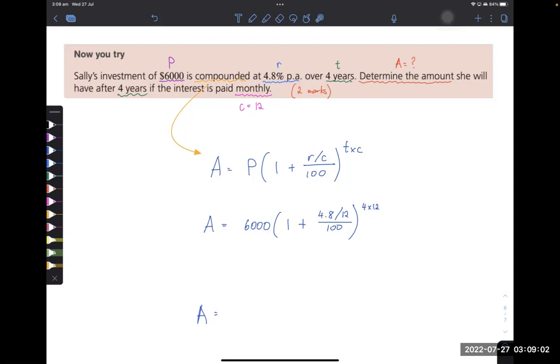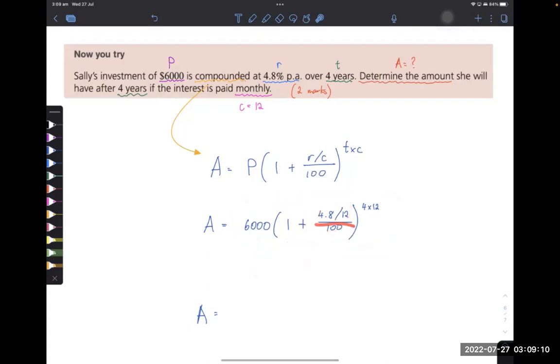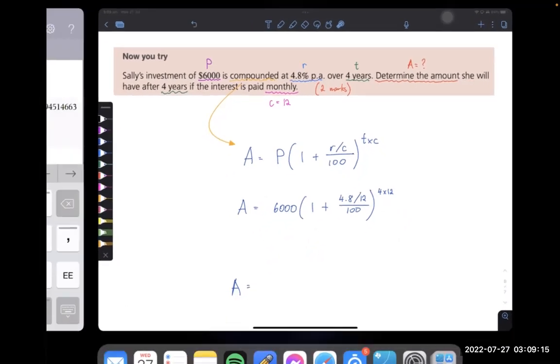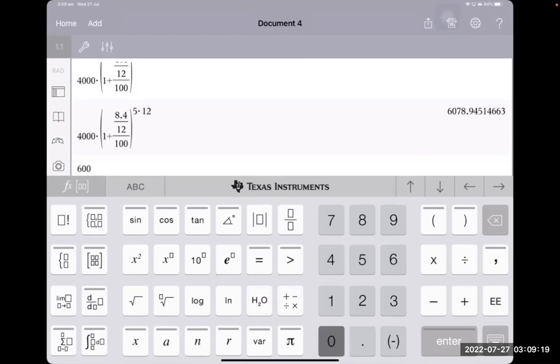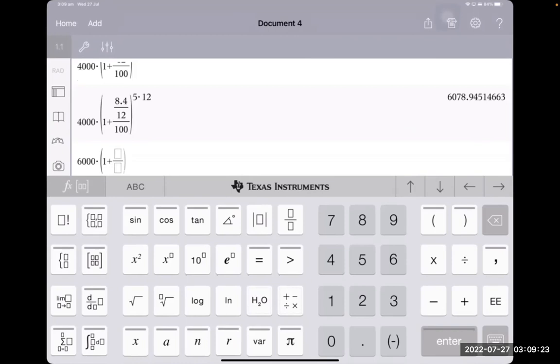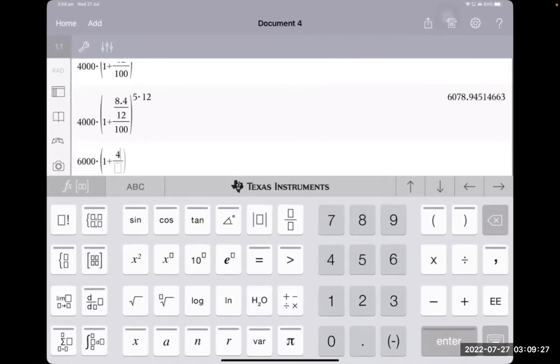Okay, so I'm just going to type this now into the CAS calculator. 6,000 times 1 plus 4.8 over 12 divided by 100. I've got a 4 times 12 here on the outside. Let's see if I can remember that. So I've got 6,000 times 1 plus, as a fraction, 4.8 divided by 12 over 100.